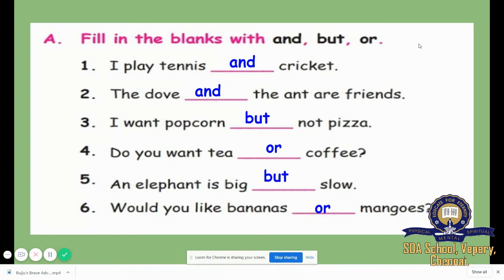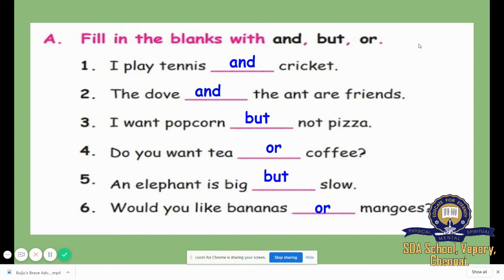The next one is, an elephant is big dash slow. Why are we using but? Because the two words are different. Here they have given a difference: big, slow.